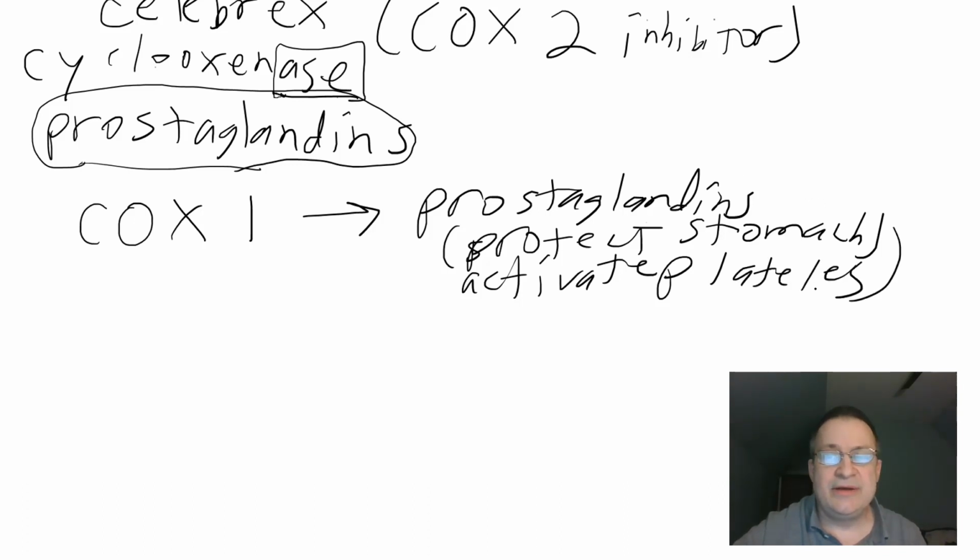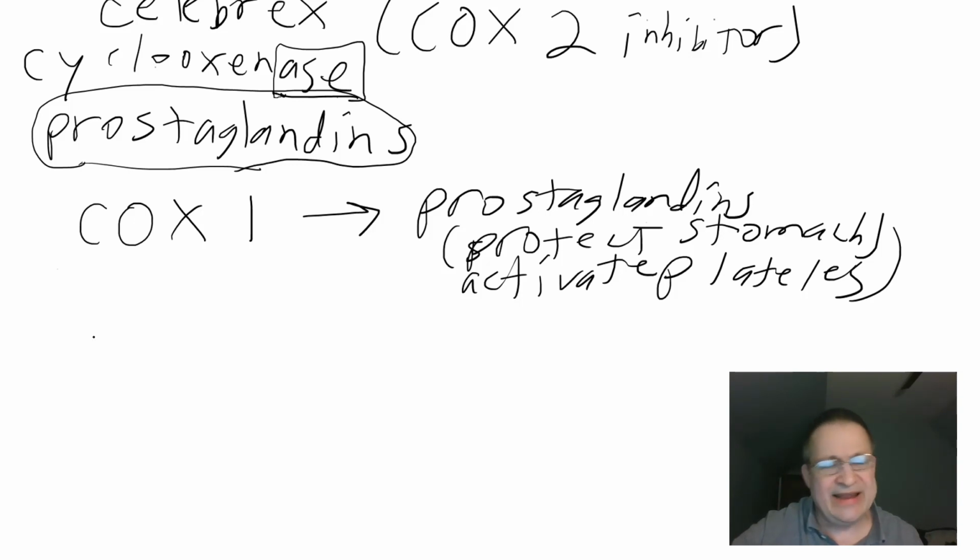So that's what COX-1 does. The idea is we want to keep COX-1. We want those prostaglandins. We don't want the stomach to be unprotected, and we don't want the platelets to not work, right? So the idea is you want something that only inhibits COX-2, not COX-1.